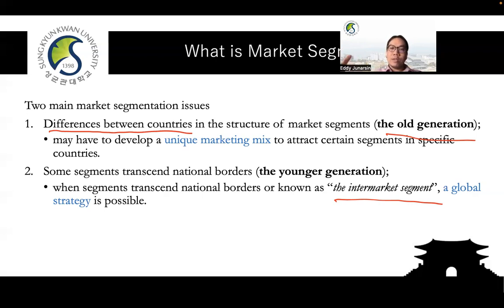It's based on maybe generation, age, or location, the cities or the more remote areas, and so on. Okay, so segmentation has become more complicated than ever, right?